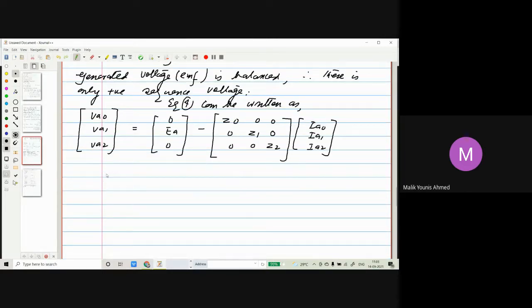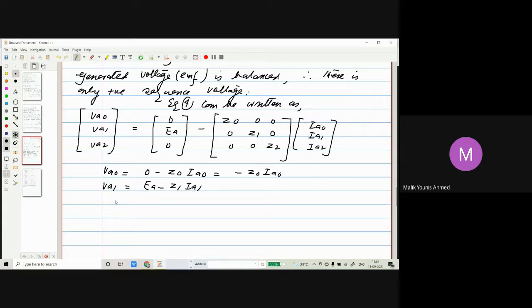Moving ahead, if we solve this, the zero sequence voltage will be equal to 0 minus Z naught I naught, so this is minus Z naught I naught. But Z naught is equal to Zs plus 3Zn, that we know already. And the positive sequence, where the voltage source is present, will be EA minus Z1 I1.